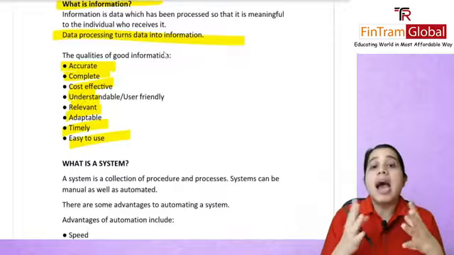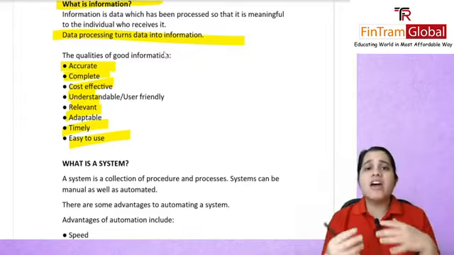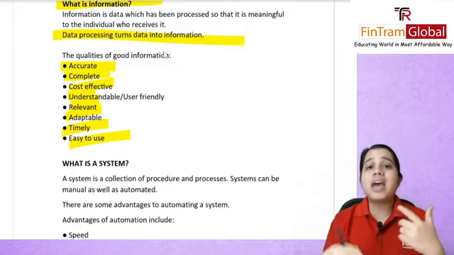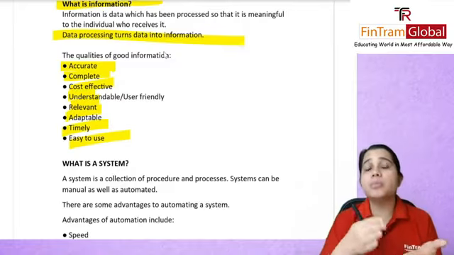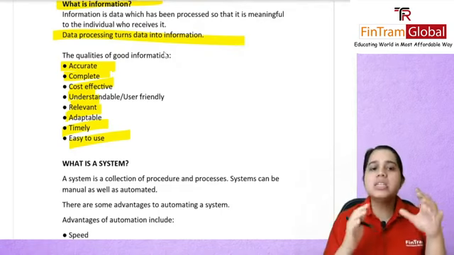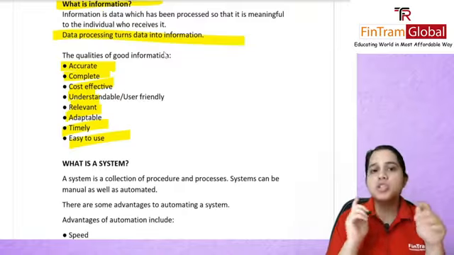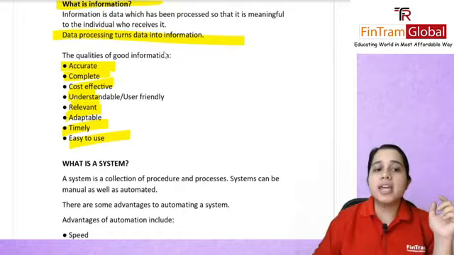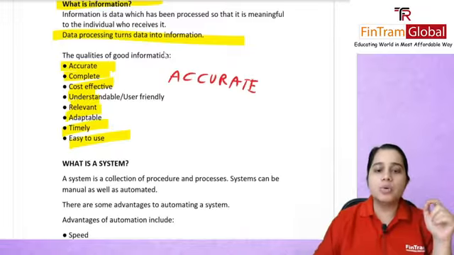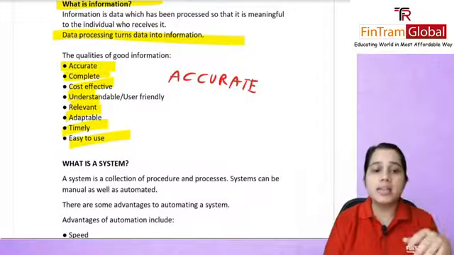Understandable or user-friendly, without too many jargons. Relevant, of course, for whatever work you need. It needs to be adaptable, should be able to change. Timely, you should be able to get it on time, and it should be easy to use. So these are all the qualities of good information, and the mnemonic you should keep in mind is ACCURATE. From accurate, you can guess all the other words.